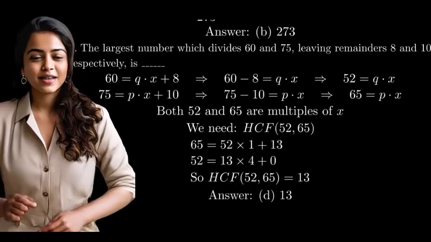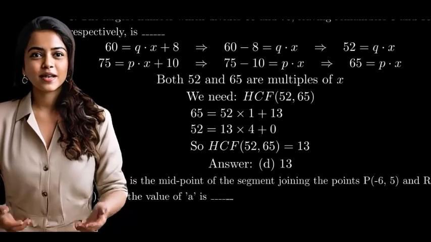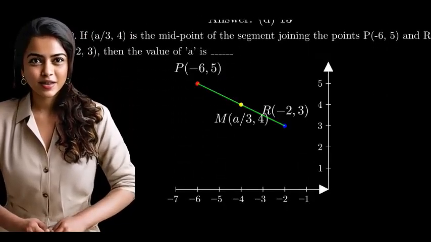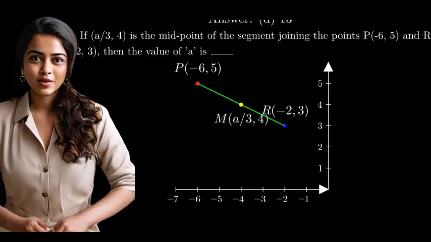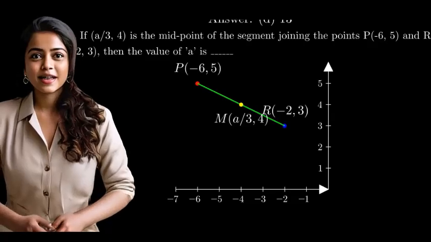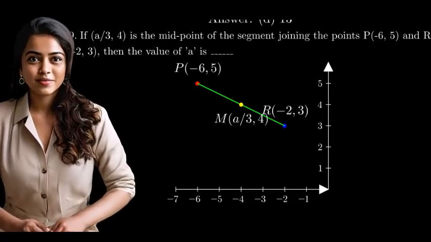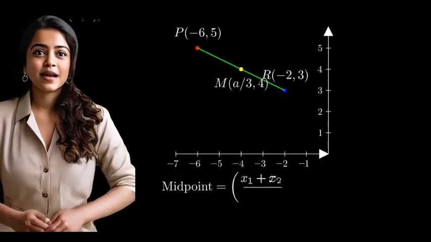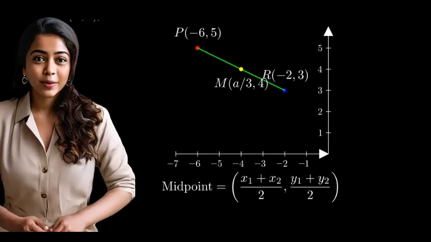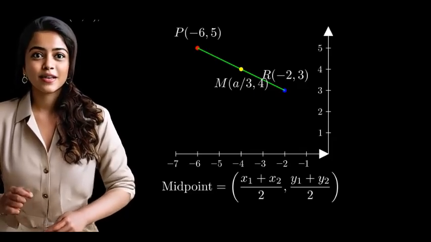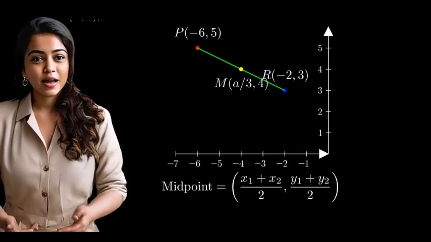Question 9 asks, if A/3, 4 is the midpoint of the segment joining the points P(-6, 5) and R(-2, 3), then the value of A is what? The midpoint of a line segment joining points (x, y) and (x2, y2) is given by ((x + x2)/2, (y + y2)/2).